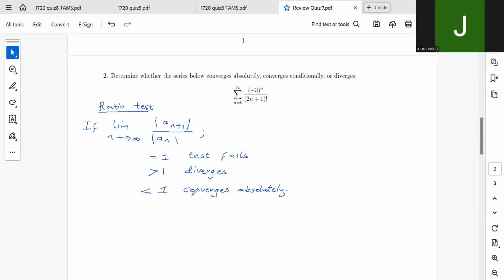And if a series converges absolutely, that means it will converge. So let's have our an equals to minus 3 to the power of n divided by 2n plus 1 factorials.